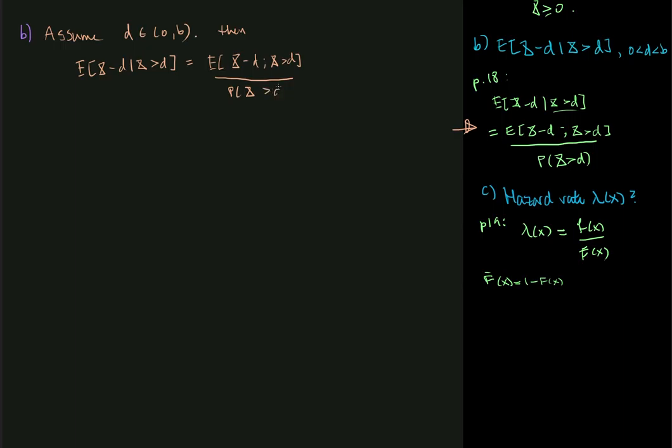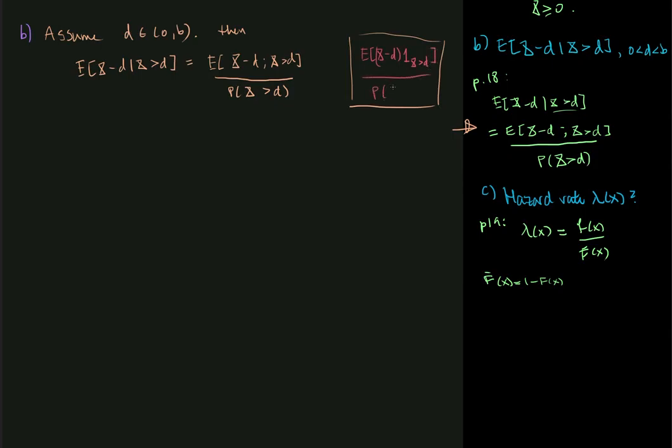But I just wanted to show you this notation because it's good to have. So what is in the formula on page 18 is in fact this: the numerator is given by the mean of x minus d, in this case multiplied by the indicator of x being greater than d. It would look like this, right?